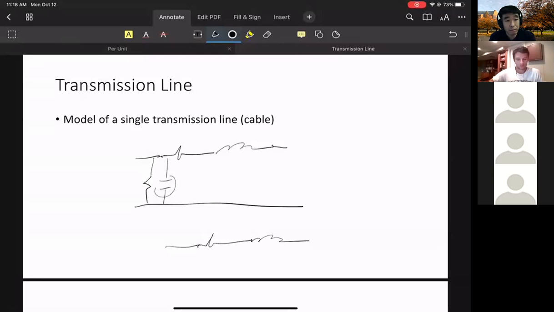So if we don't choose 480, we need to change this 0.1 per unit. That's where this comes from. Oh, because 480 is the rated secondary for this transformer. Okay, so that's where this comes from.